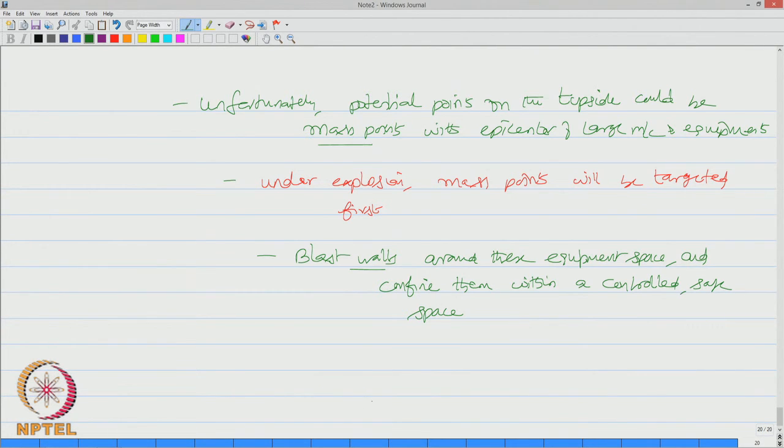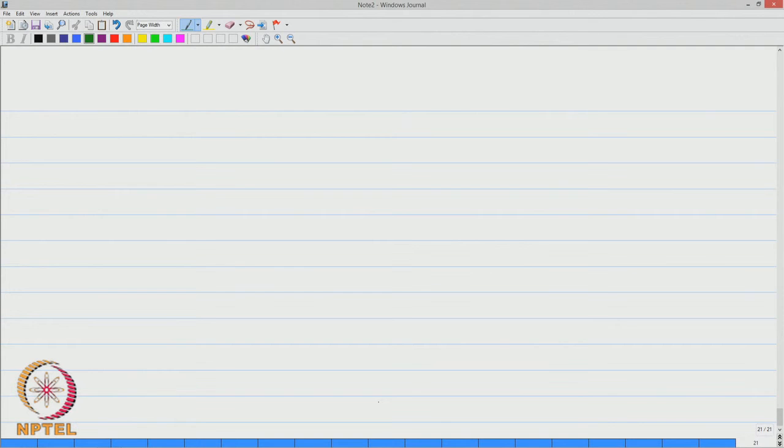Now, we talk about something called protected spaces in blast resistant design. What is a protected space?